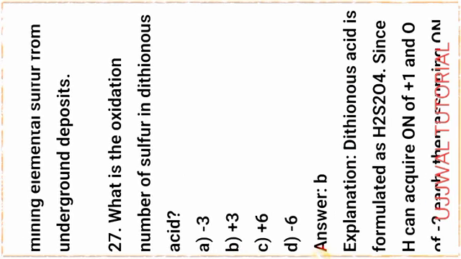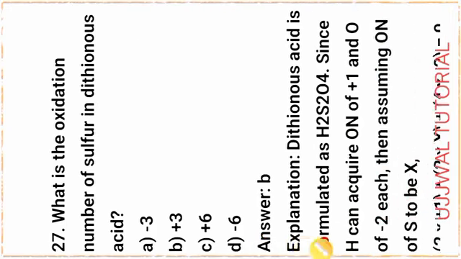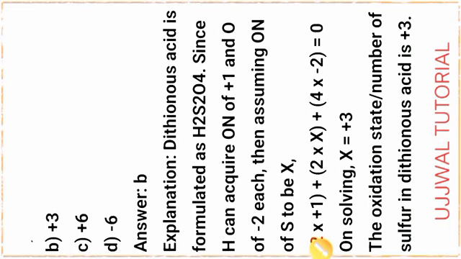Next question, question number 27. What is the oxidation number of sulfur in dithionous acid? Option B, +3. To explain this part, dithionous acid is formulated as H2S2O4.